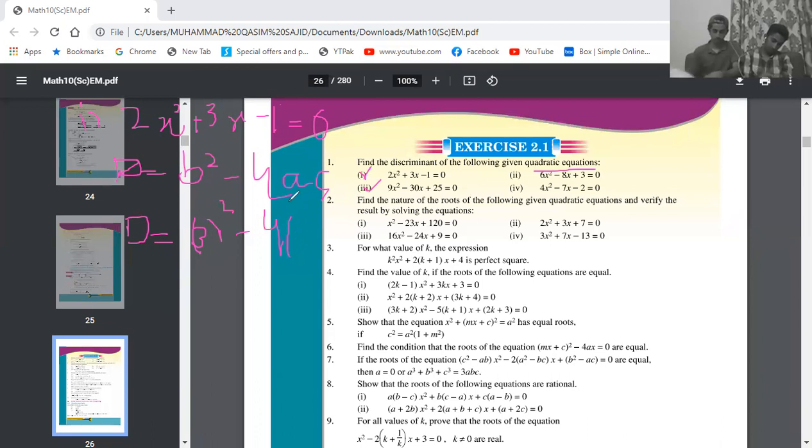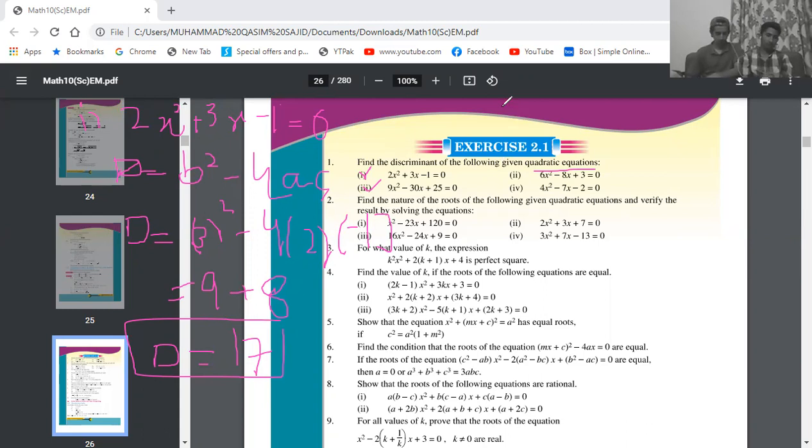The value of a is 2 and c value is minus 1. So discriminant must be equal to 3 square, that is 9, minus minus plus 4 times 2 is 8. So the discriminant of this equation equals 17.